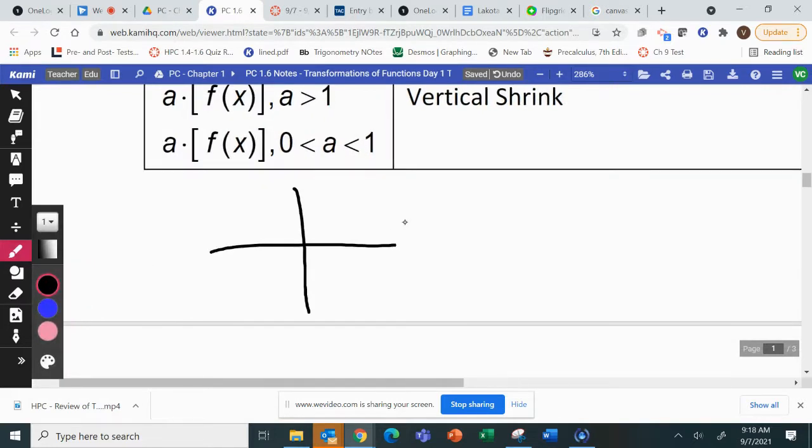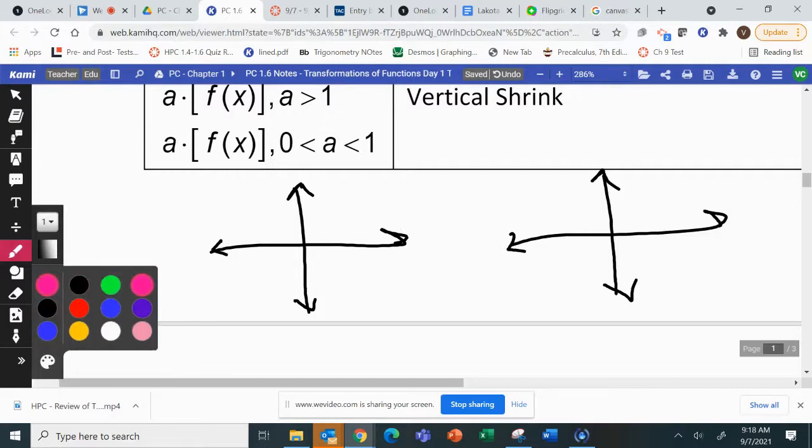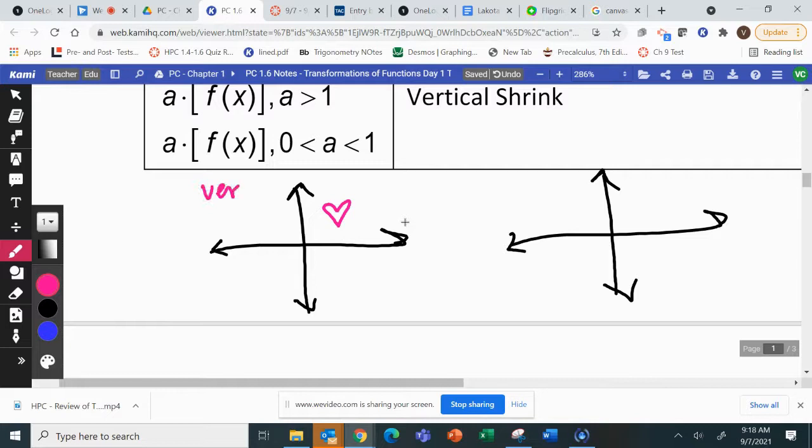So here is an xy axis. Here's another xy axis. In this first xy axis, we're going to do a vertical reflection. In this one, we're going to do a horizontal reflection.